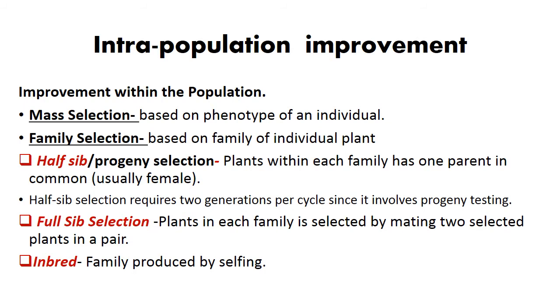Family selection. This is based on the family of an individual plant. In family selection, there is half-sib family selection or progeny selection, where plants within each family have one parent in common. Usually the common parent is female. This requires 2 generations per cycle since it involves progeny testing. Full-sib selection or full-sib progeny selection.